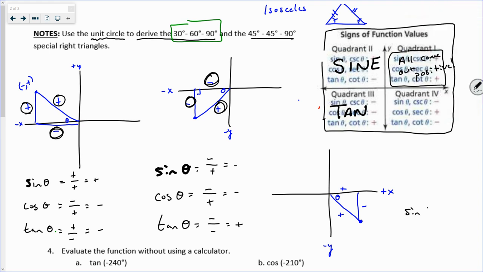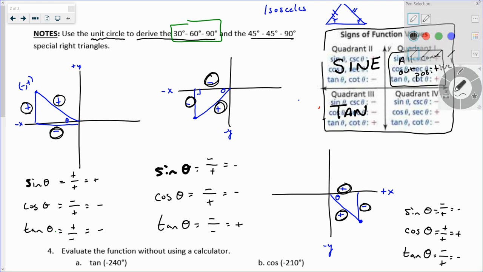If we go sine of sigma, cosine of sigma, tangent of sigma, and we go opposite of the reference angle over the hypotenuse, it comes out negative. If we go adjacent over hypotenuse for cosine, it comes out positive. And if we go opposite of sigma over adjacent, it comes out negative.